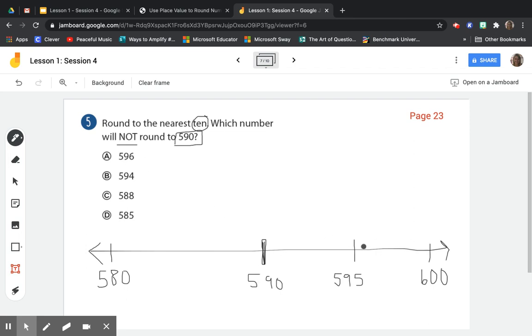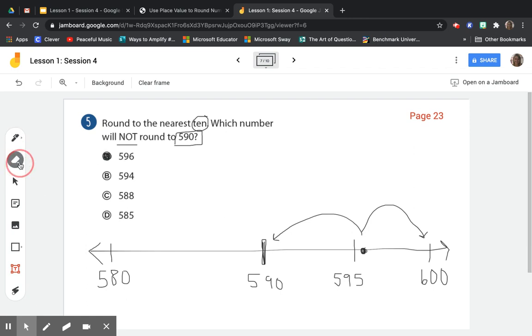Now, 596 would be right about here. So would I round that to 590 or up to 600? You guys have already done this one, so you know that I would round this number, 596, up to 600. So this is a correct answer. It says which one will not round to 590.